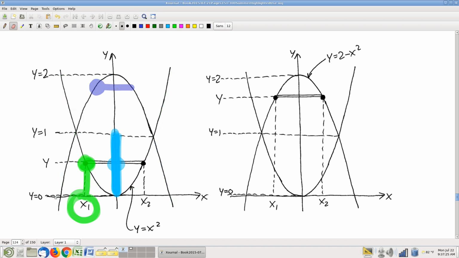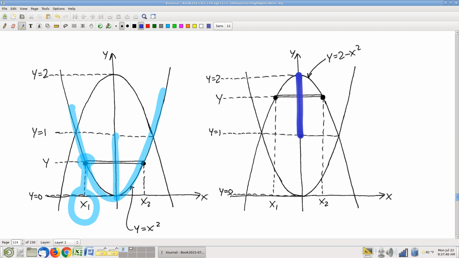So that's uncomfortable. And let's stretch that out to make it a little bit clearer. For these values of y, we're going to be looking at this picture, and then for these values of y, we're going to be looking at that picture.